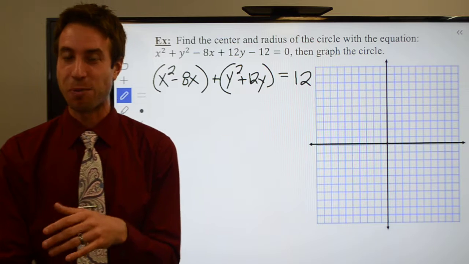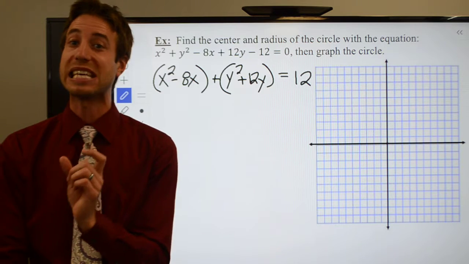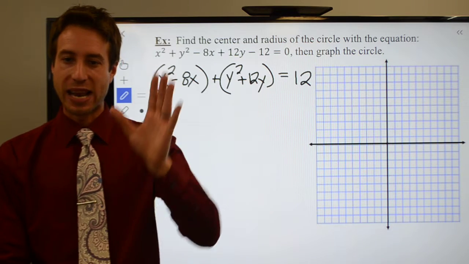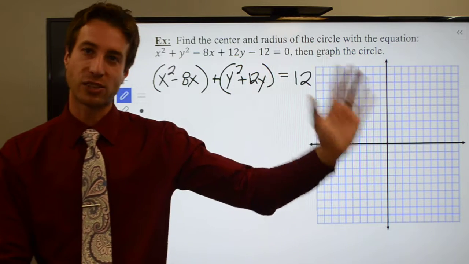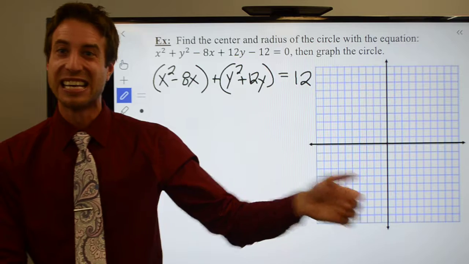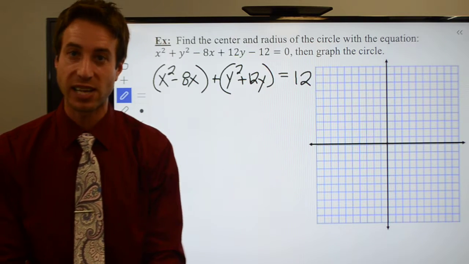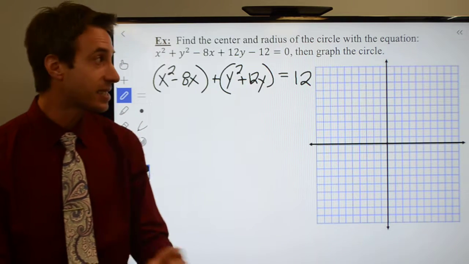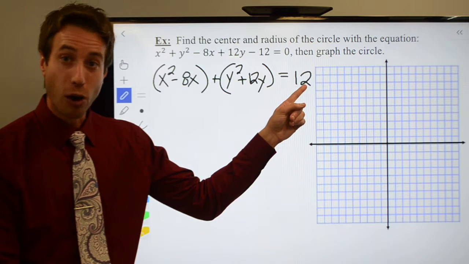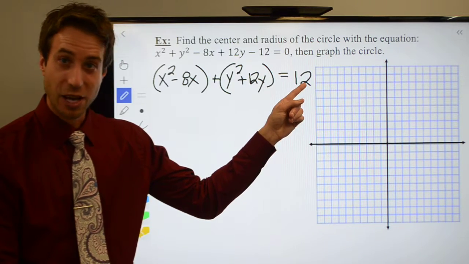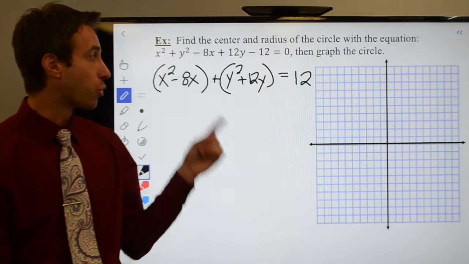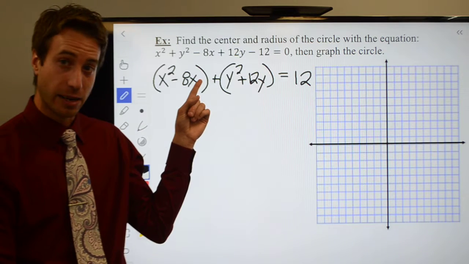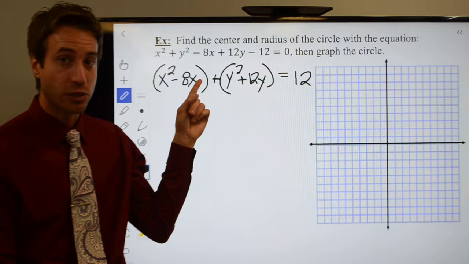Remember, when we did it for parabolas, the whole equation was equal to y. So whatever I did inside the parentheses, I then had to subtract on the outside of the parentheses because I couldn't work on both sides of the equal sign. But this time, I've got a 12 over here. This is just a number. So what makes this a little bit easier is whatever I add in here, algebra says you have to do to both sides.